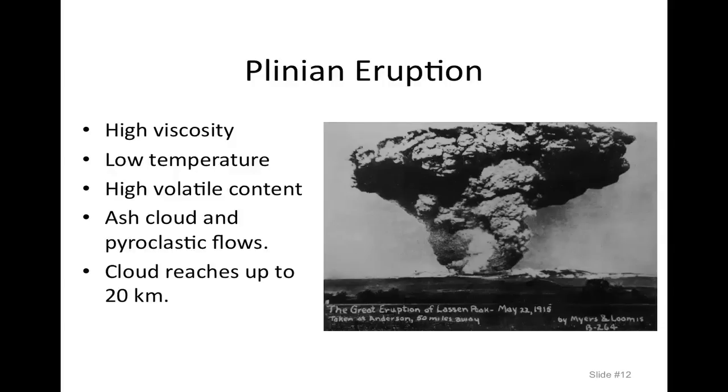And something that I haven't mentioned is that with silica content, when the molecules become more complex, they also become stronger. And so when you have the volcano capped with high viscosity, high silica content rock, the magma underneath starts to build up, and the gases within it start to create more pressure.